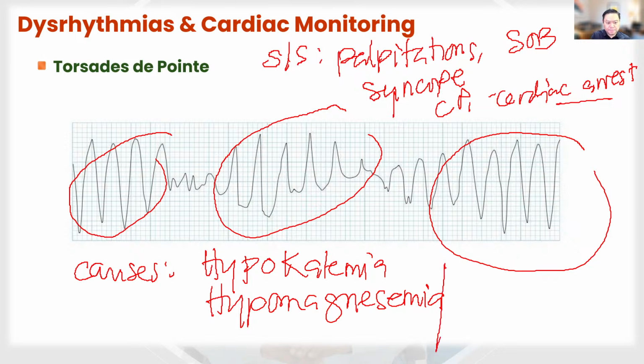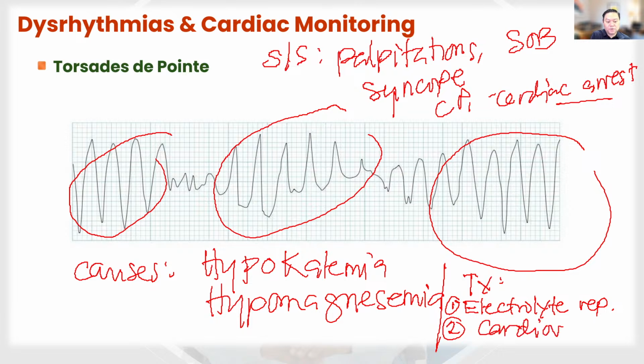Treatment would be electrolyte replacement if there is hypokalemia or hypomagnesemia. Then we're going to have to give IV magnesium or IV potassium. And we're going to have to prepare for cardioversion for this patient.